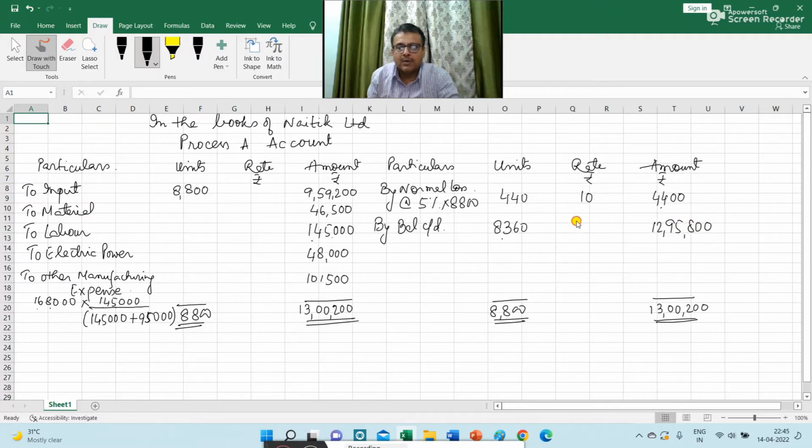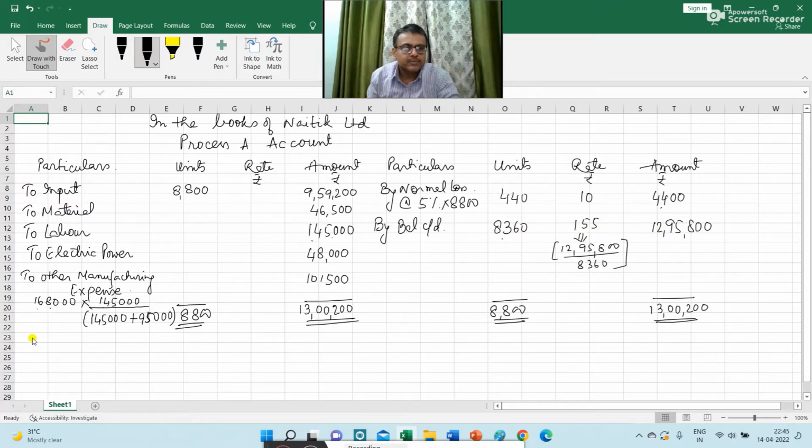So this will be valued at 155. How I arrived at this figure? This is for your understanding. 12,95,800 divided by 8,360. So this is 155. So this balancing figure or balancing units is valued at 155.